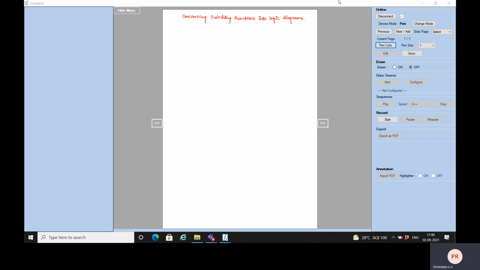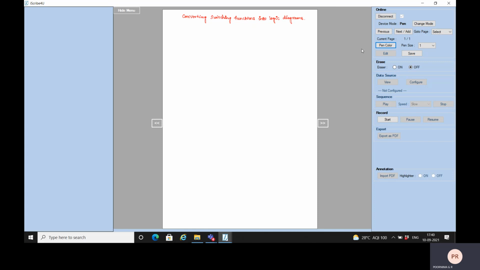So, as per the previous discussions, when we go for converting any switching function into a logic diagram, the procedure that has to be adopted is as follows.